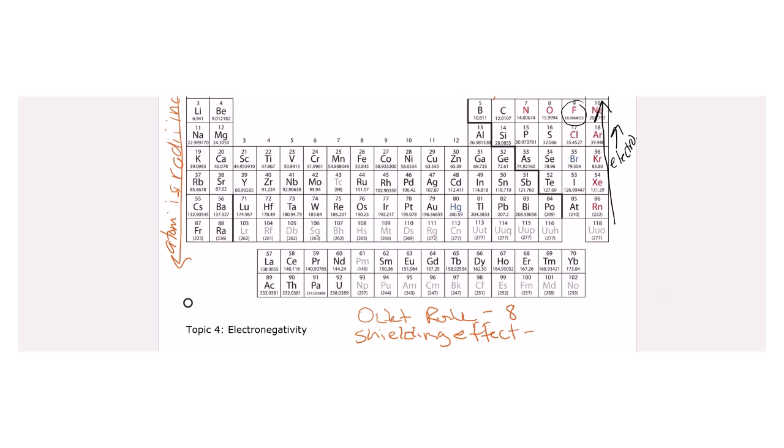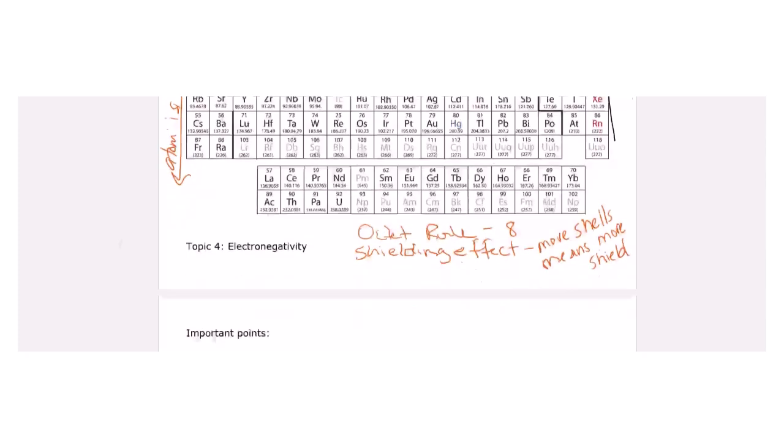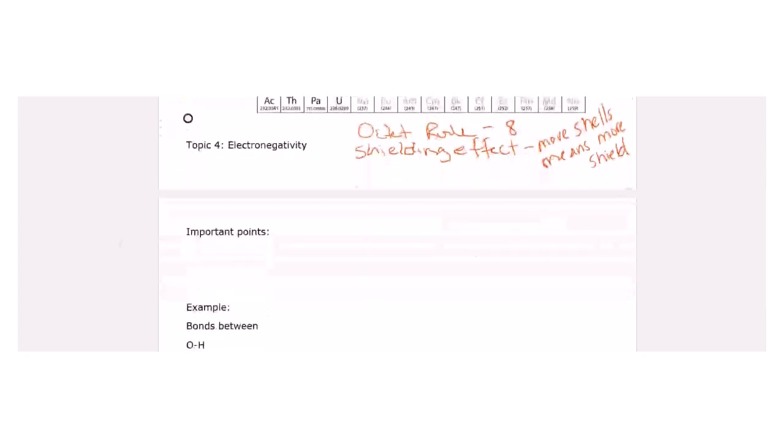Adding an extra shell adds an extra layer of shield. So more shells, so that's energy levels, right? Means more shielding. So it's hard to get through. So if you think of a blanket, you put multiple blankets on to get more heat. Okay, moving on in 3, 2, 1.